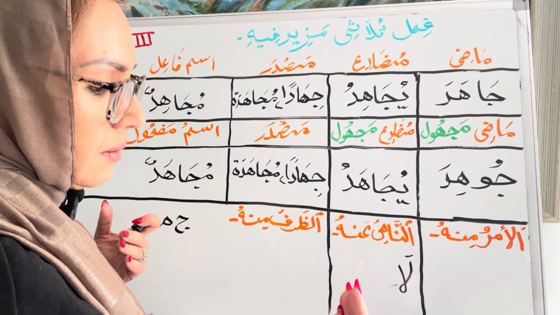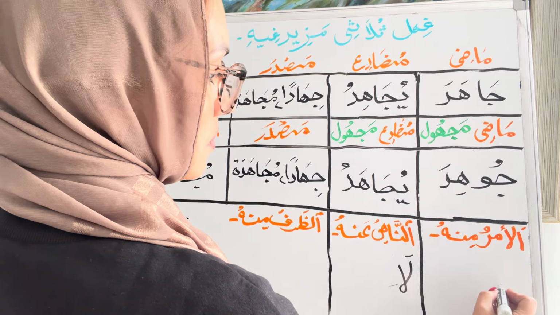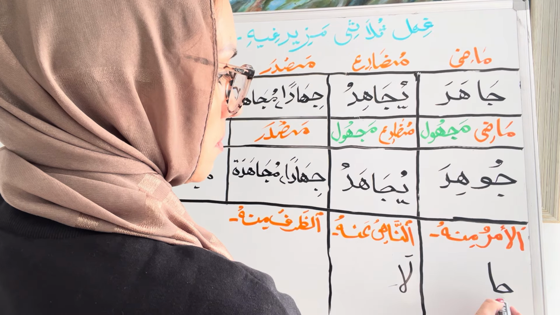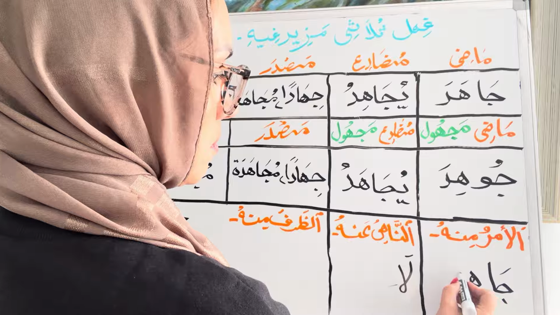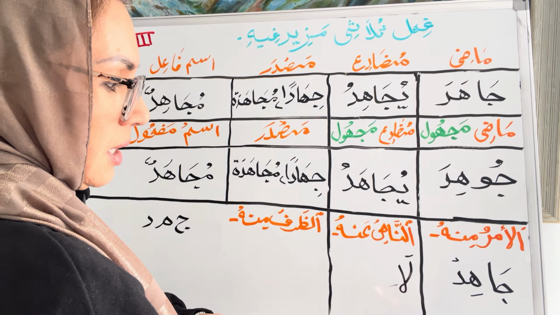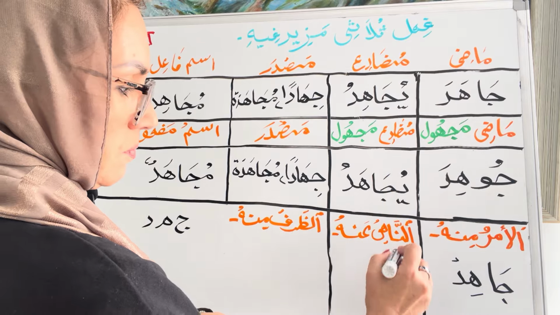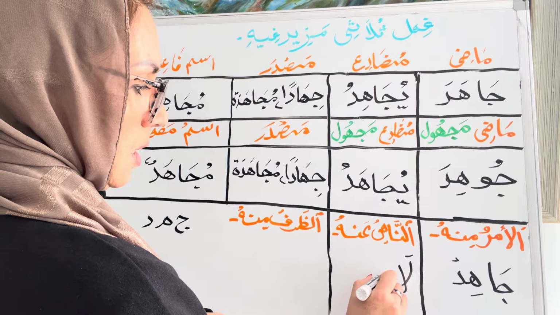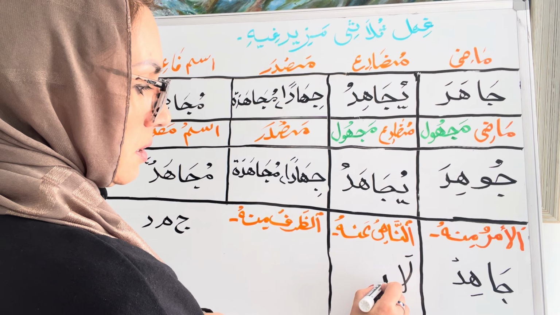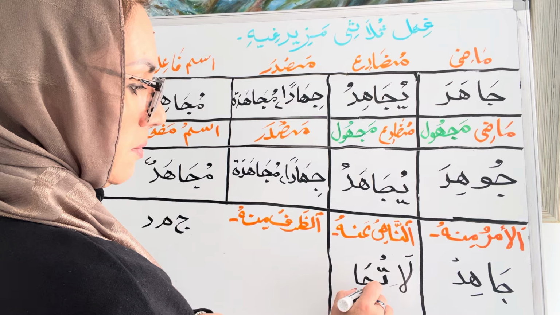All right, so and then the command will be al-amru minhu jahid. And it takes a sukun. Jahid. And then النهي عنه لا تجاهد. I left the la already here. La tujahid.